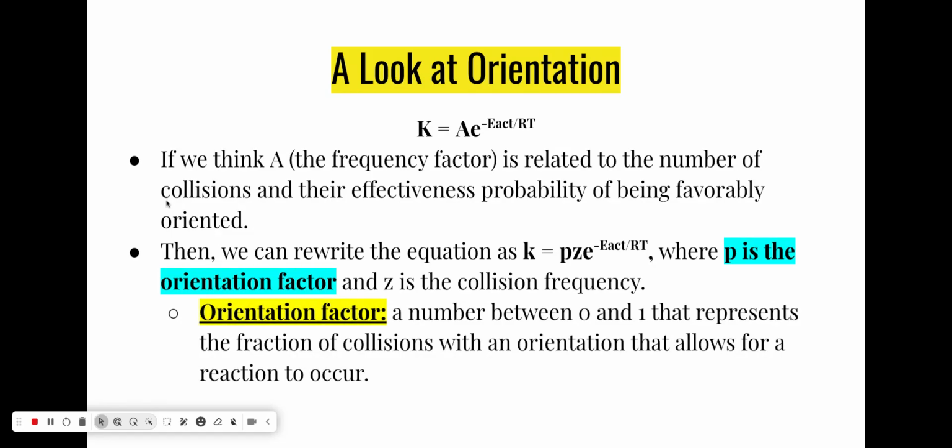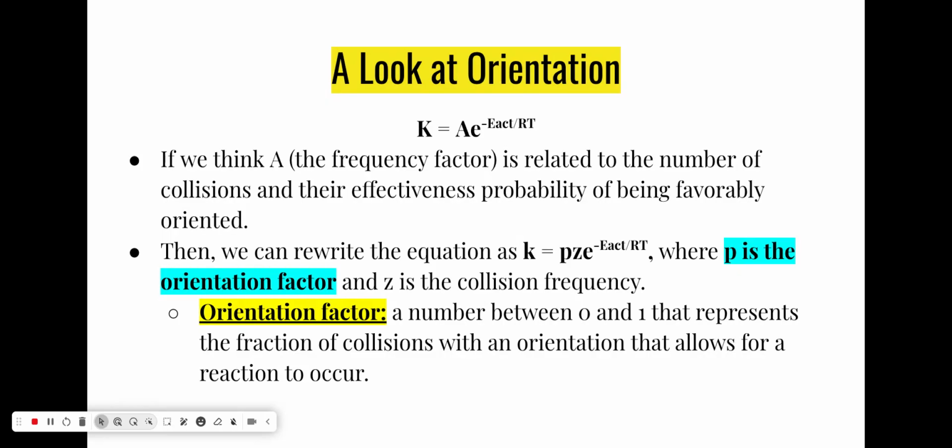Suffice it to say, the orientation factor is talking about, guys, when the molecules collide, are they colliding in a manner, okay, that favors a chemical reaction. So not only must you have sufficient energy to surmount the reaction barrier, but you also must collide in a way that the orientation would be, quote, a successful collision.